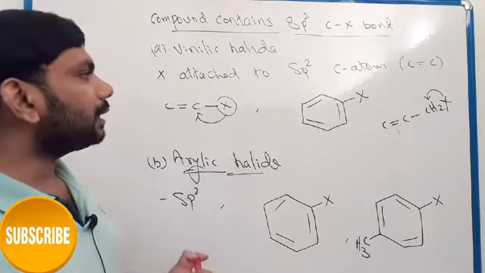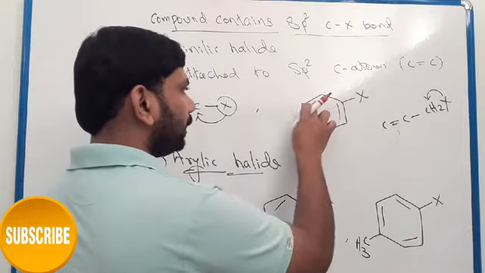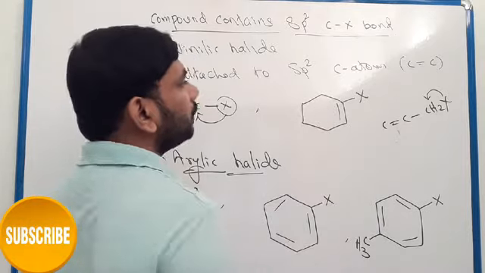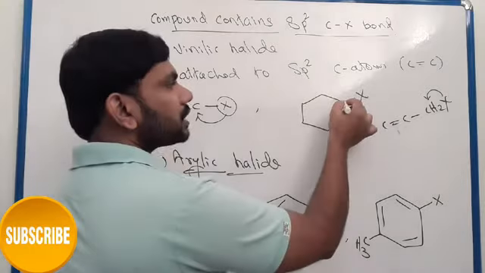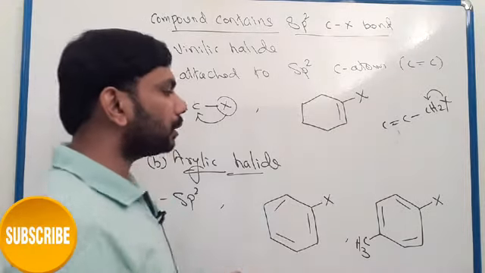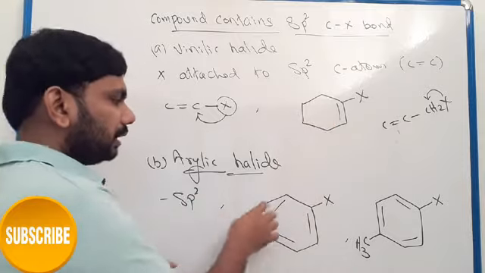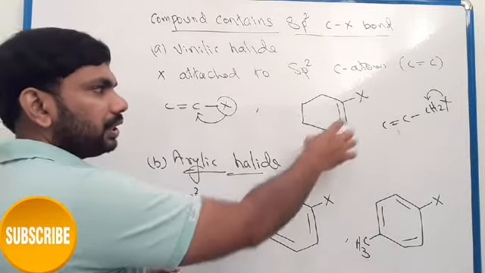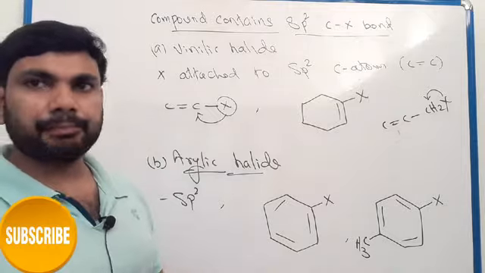Okay, and here also this is vinylic halide. Here also vinylic halide. Here this halogen is directly attached to carbon carbon double bond. Okay, here if there is a benzene ring, it is another classification. Here this is not a benzene ring, it is cyclohexene.